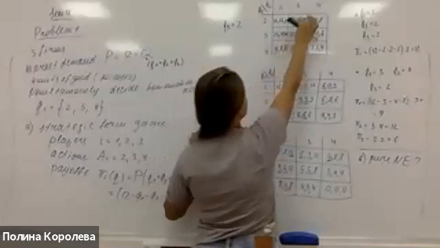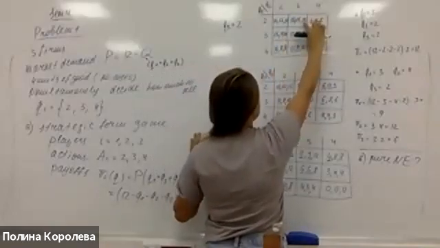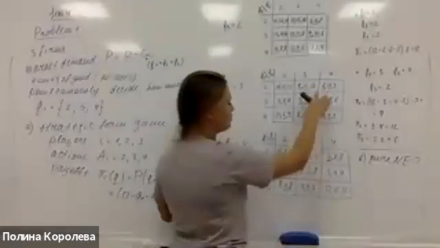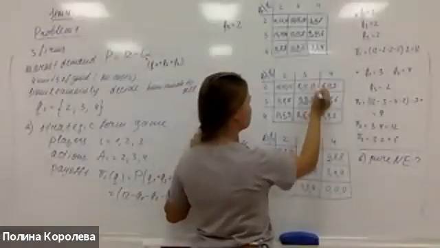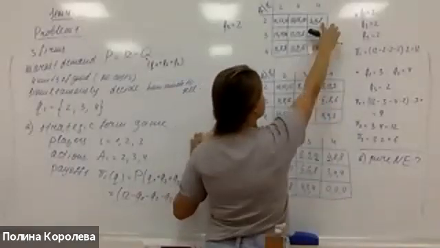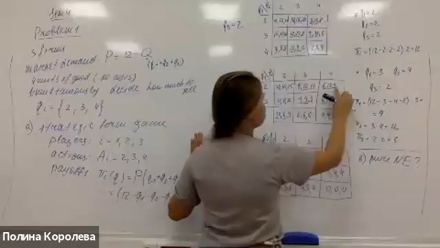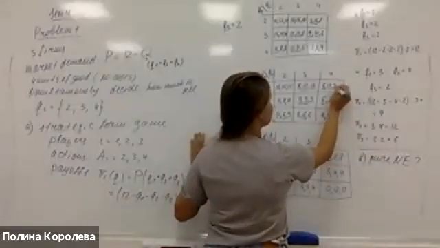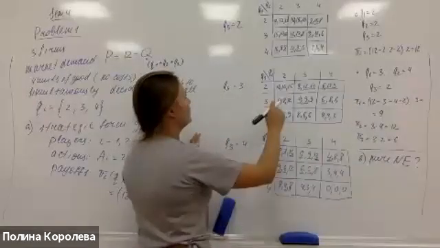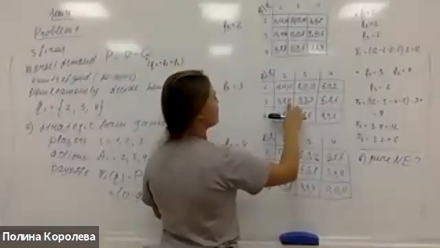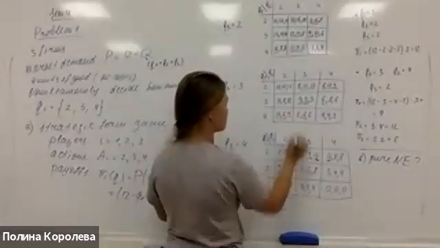Let's continue. Next, please. Here, 10, here, 12, here, 12. Better 12. Next, 8, 9, 8. 9. Then 10, 12, 12. Better 12.